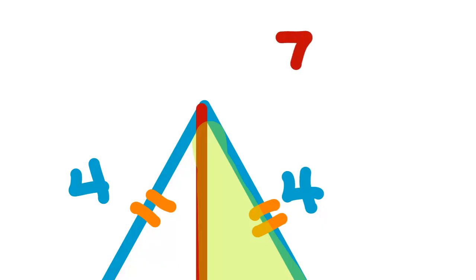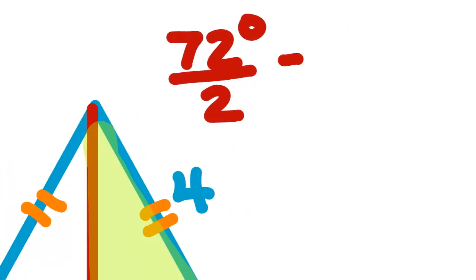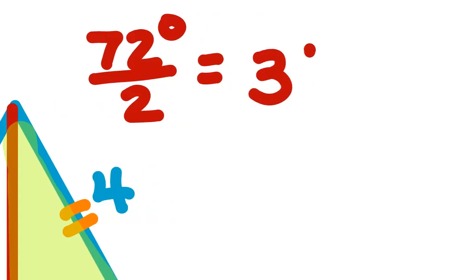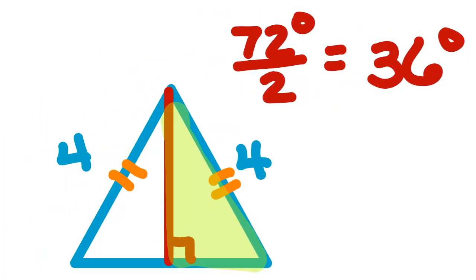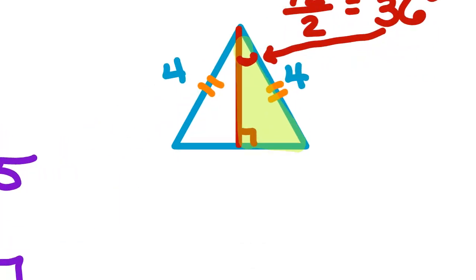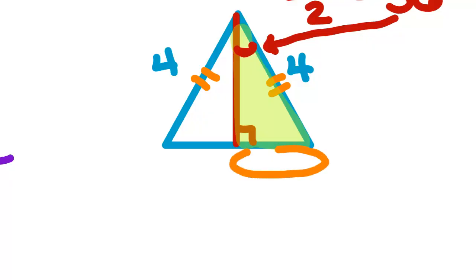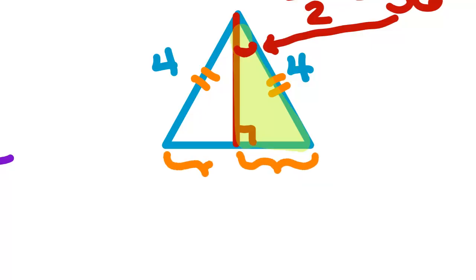So I need half of 72 degrees. What is half of 72? 36. So this angle right here is 36 degrees. I need to find this right here because it will be the same size as this right here. And if I can find this, and this is the same size, then I can find the side of this polygon.